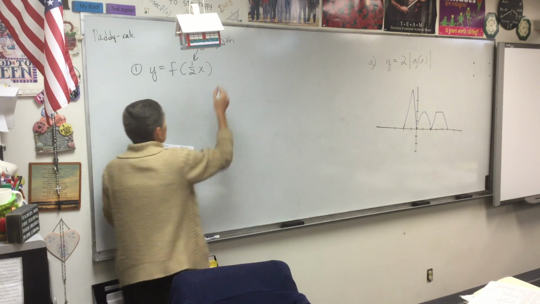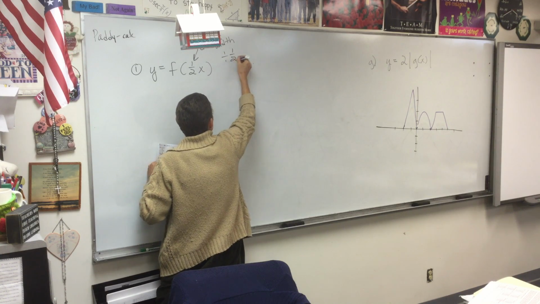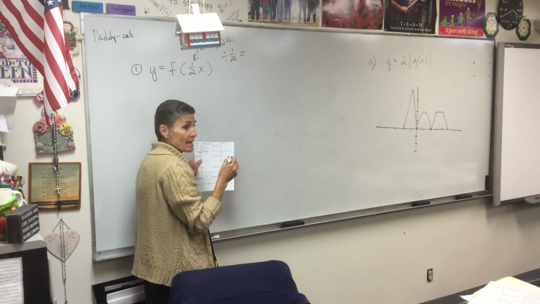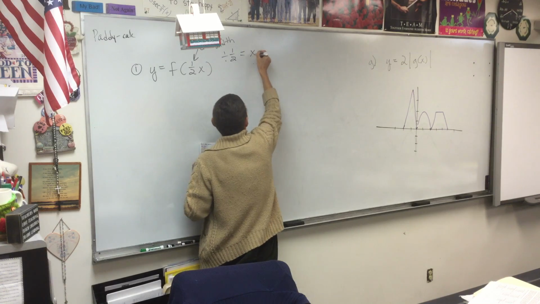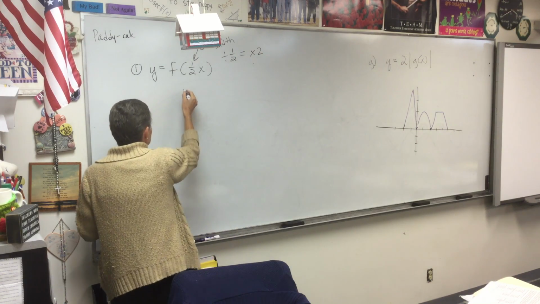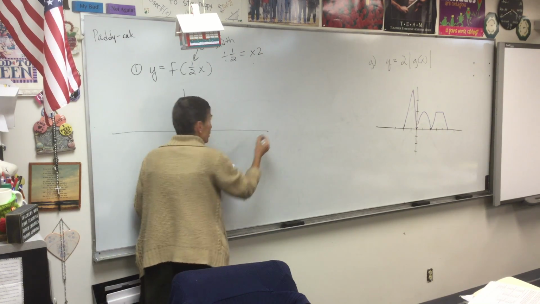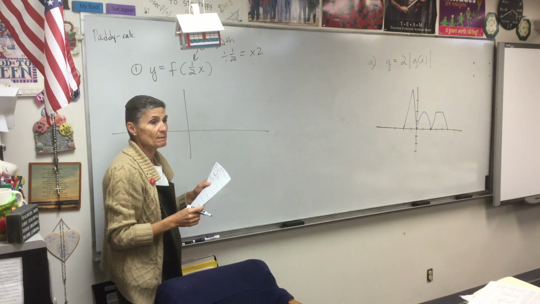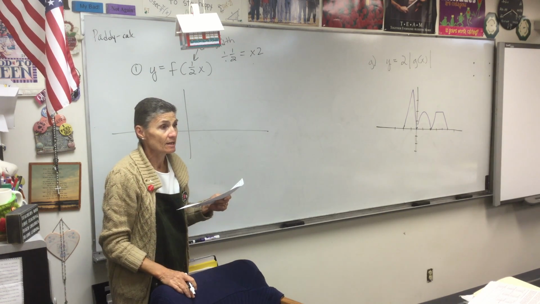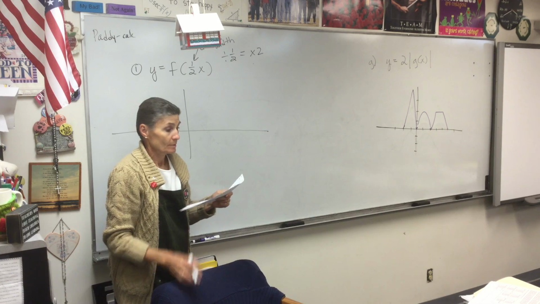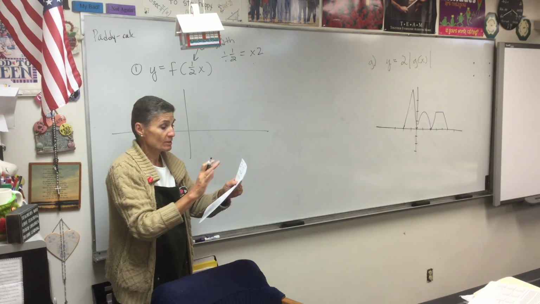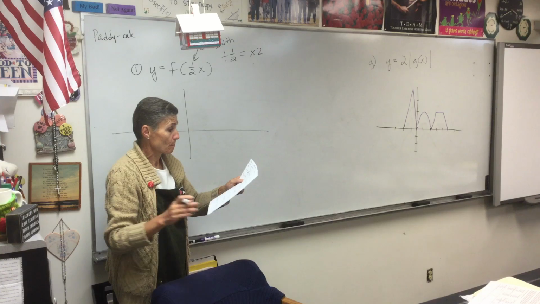So that means you're dividing by 1/2, which is the same as multiplying by 2. So when you draw this picture, everything is going to be twice as wide. That's the only change. Everything's going to be twice as wide.